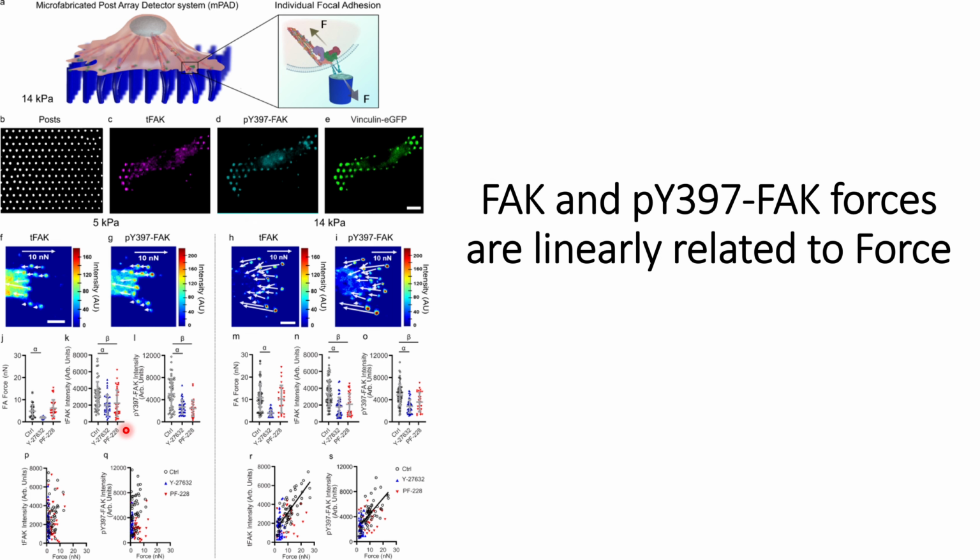Thereafter, they wanted to see whether there is a relationship between the force that is exerted and the total FAK triggered in the cells, and also the phosphorylated FAK present within the cells. For the softer mPADs, they are not able to find any relationship, but for the stiffer mPAD they can see a linear relationship: with an increase in force, they see an increase in the FAK intensity and also an increase in the phosphorylated Y397.